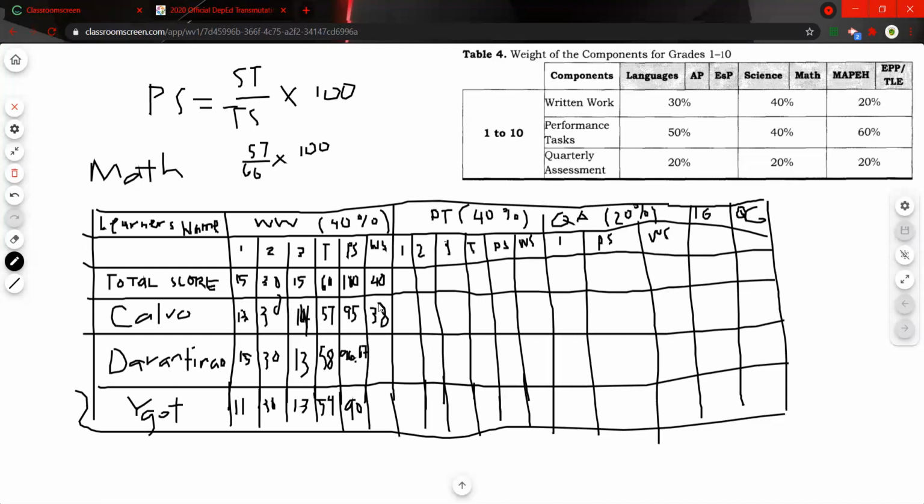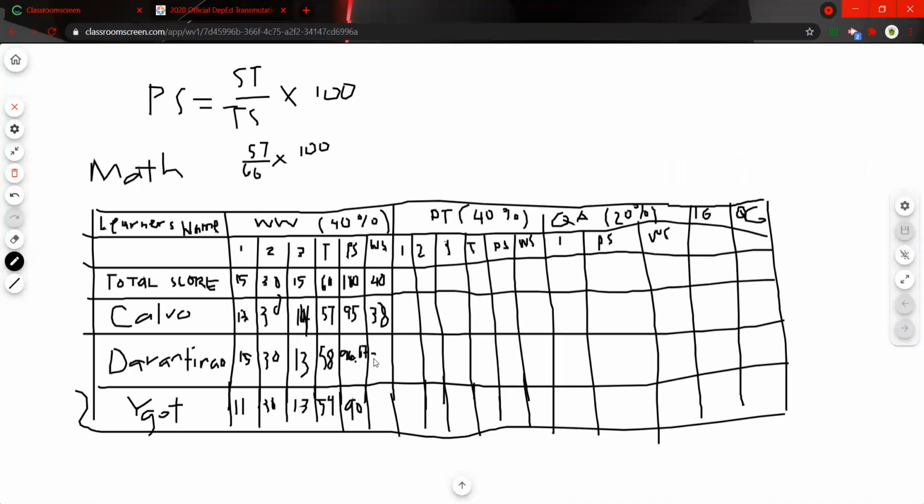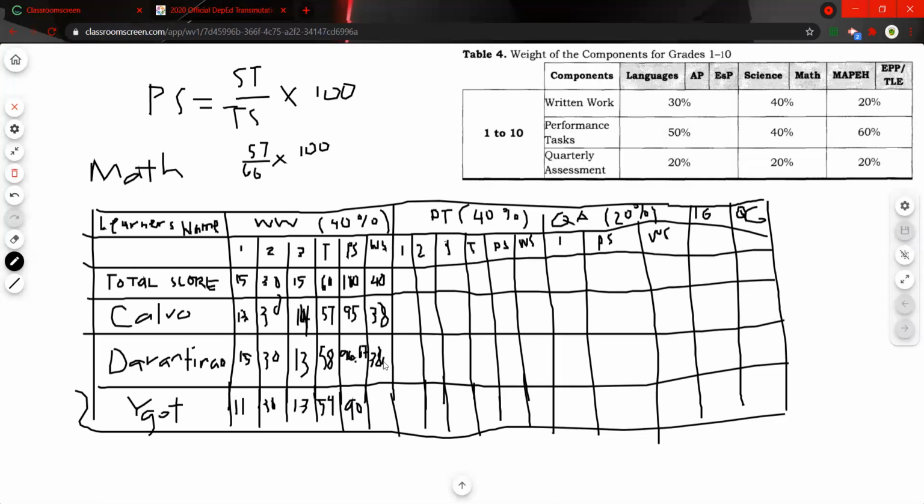For Darantinaw, 96.67 times 0.40, that is 38.67. Okay? 38.67. It is very important to write the decimal because when we add all the weighted scores, that becomes our total initial grade.